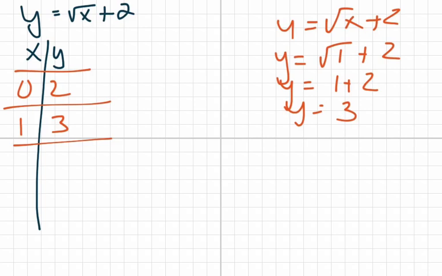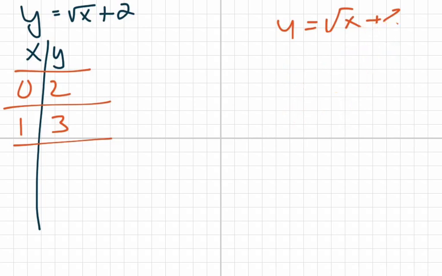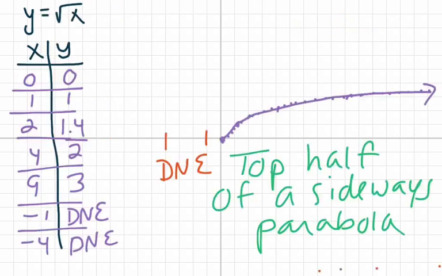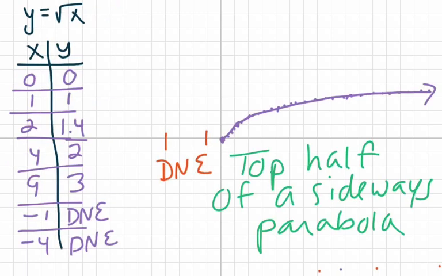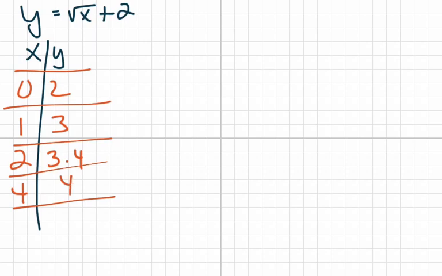So once you recognize that that's what's happening, we don't actually need to do all those calculations out. I can come over here and say, all right, when I plug in a 2, I'm just going to add 2 to this. So instead of 1.4, it will be 3.4. I plug in the 4, and instead of getting a 2, I'm going to do 2 plus 2 and get 4.